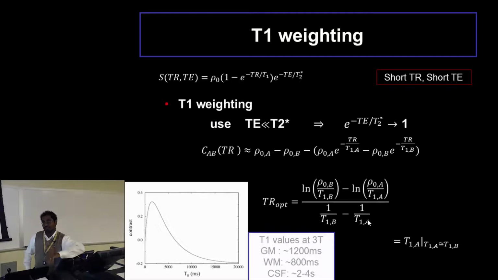You might want to use this expression, meaning TR optimal becomes equal to the shorter of the two T1s. T1B here is assumed to be larger than T1A.